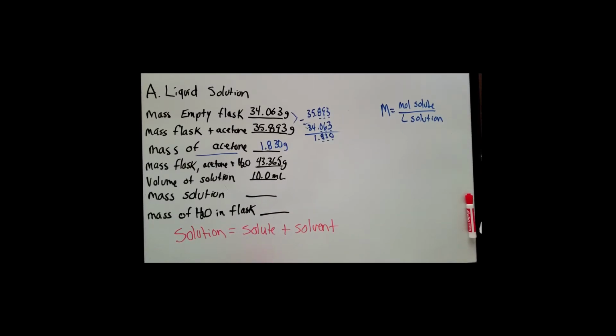All right, now let's figure out how much water I have so that I can figure out which of the two is the solute and which one is the solvent, because I'm going to need to know and label correctly for when I do the concentration calculations over here. This next number, the 43, is the flask with the acetone and the water.